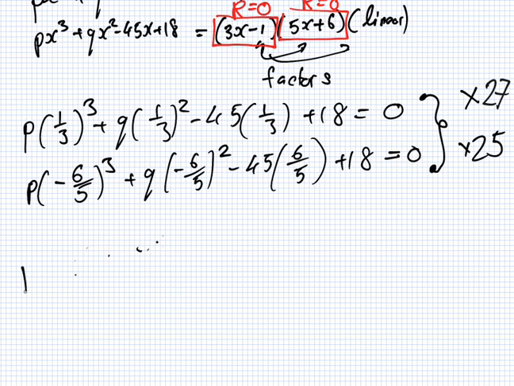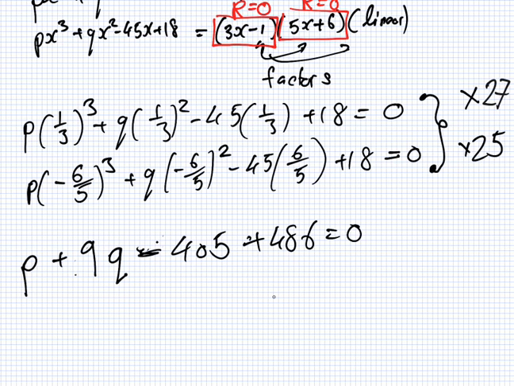So that still will be p plus 9q minus 405 plus 486 equals 0. So you have p plus 9q equals 405 minus 486 minus 81. It's not too bad.